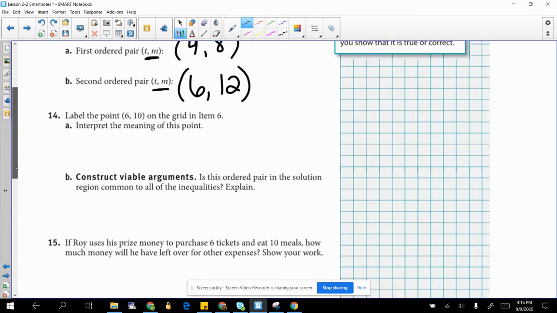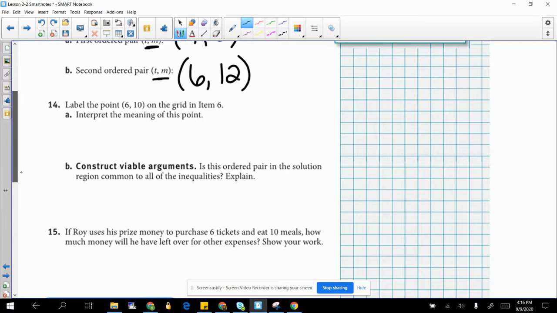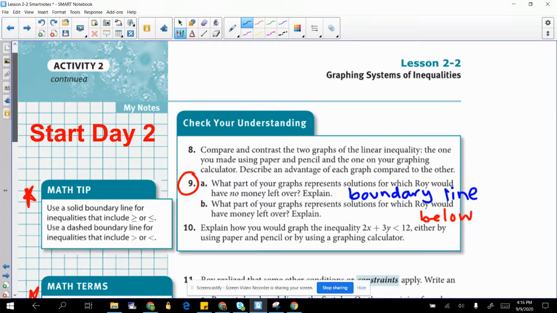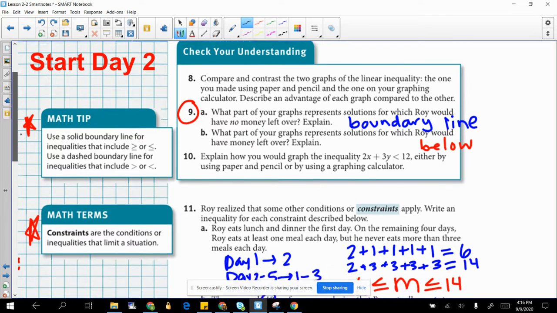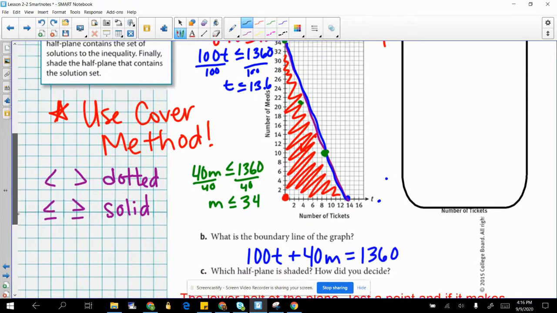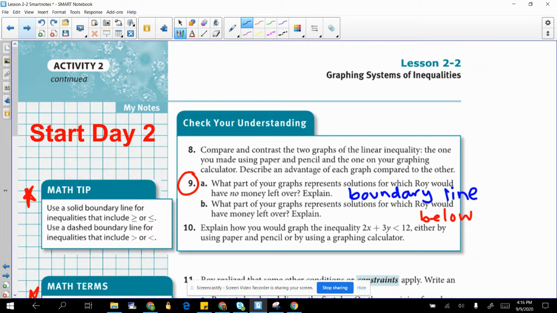All right, then 14 says label the point 6, 10 on the grid in item 6. And that's item 6 all the way back here. And if we go to 6, 10, we're labeling that right there. Okay, and so interpret the meaning of this point.